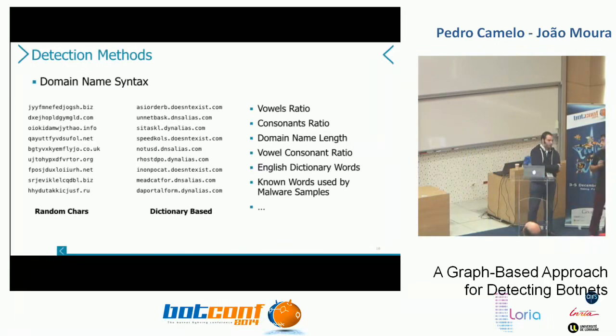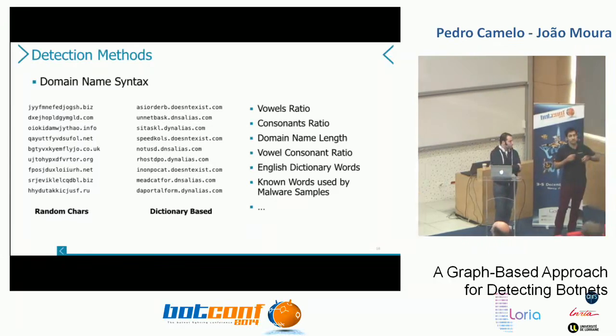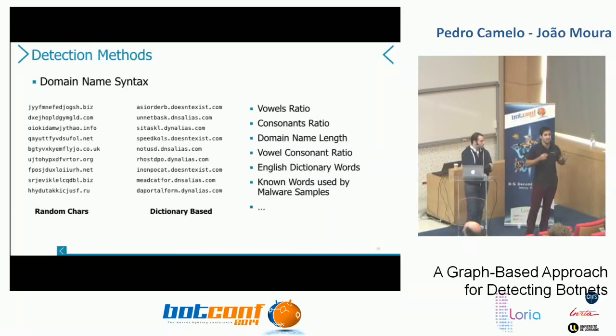So the idea is that clustering works like a bag. You throw stuff inside, you shake the bag, and then the little stones get together, right? So our idea, in order to validate the clusters and to see if they are properly correlated, is to throw in some domains that we know belong to some malware family.